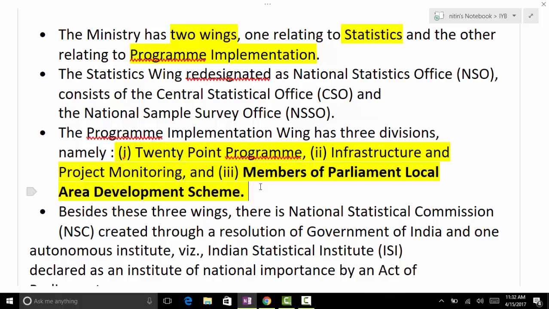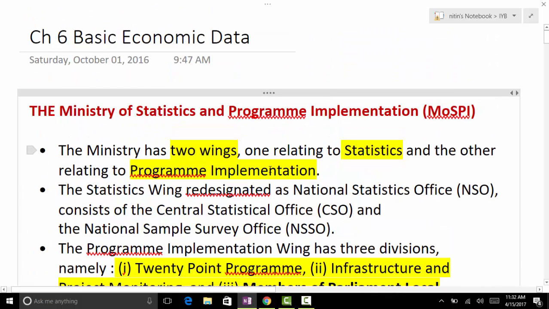How it is important from the prelims point of view: the question can be asked, the MPLAD scheme is under which ministry? It is under the Ministry of Statistics and Program Implementation. By the name of MPLAD, you won't be able to tell which ministry it is. You may somehow opt for the Ministry of Rural Development.